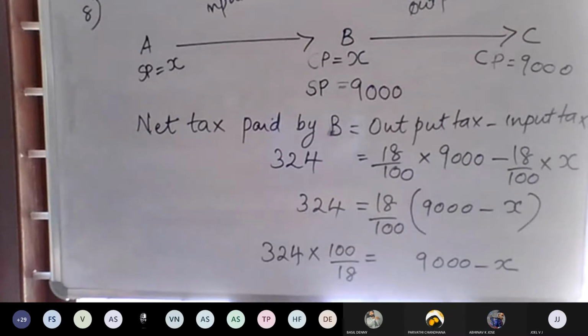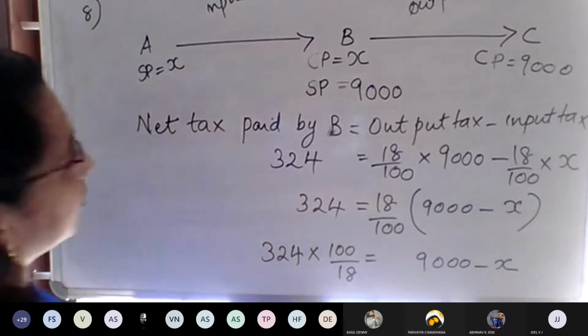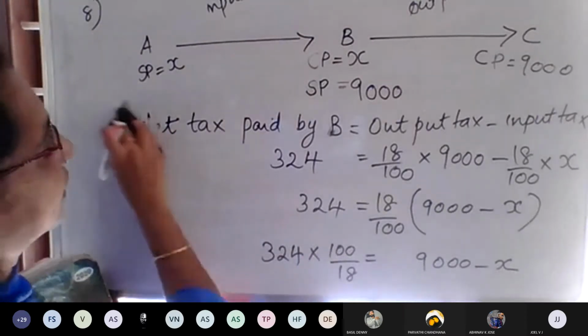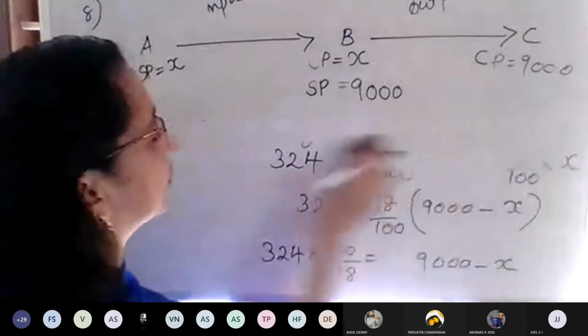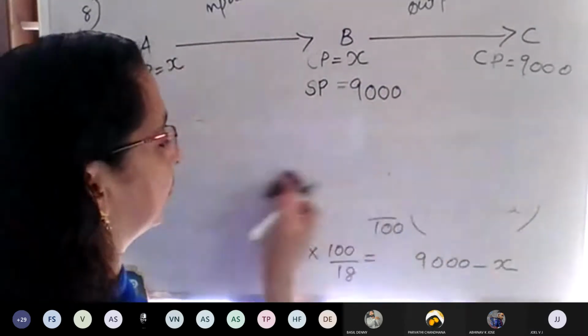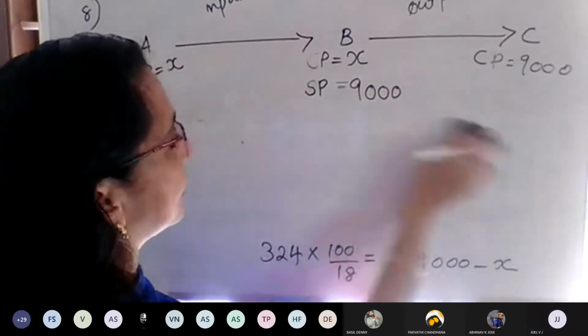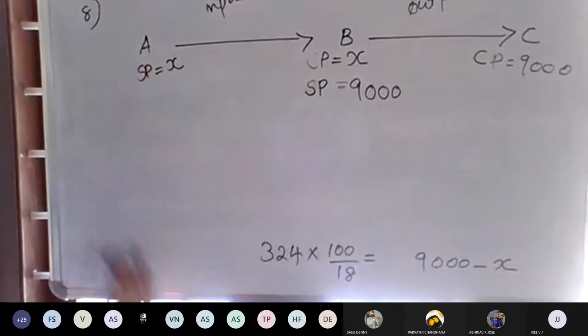Then cancel it. 18 into how much is 324? 18. Directly, if you know, it is easy. Table of squares: square of 18, 18 into 18 is 324, no?